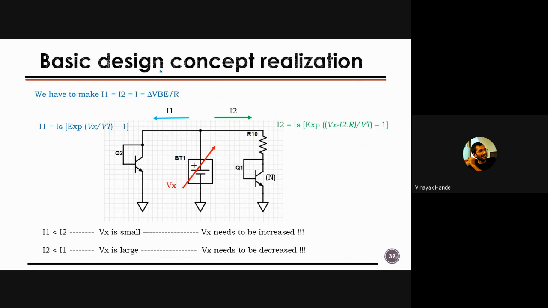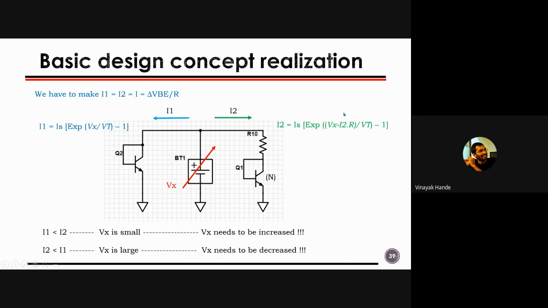Then if I connect the battery of Vx and vary it from 0 to very, very high potential, what will happen? If you solve these two equations, what you can find is that when I1 is very, very much smaller than I2, that means Vx is small, right? When Vx is small, then I1 is smaller and I2 is larger.